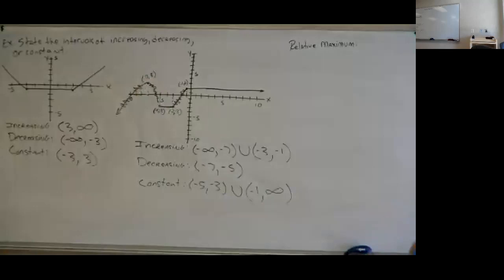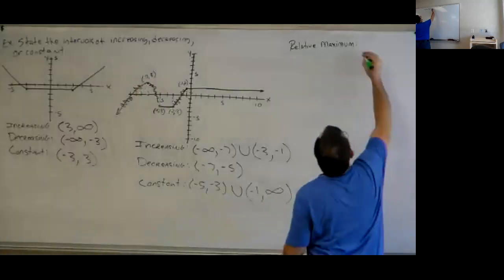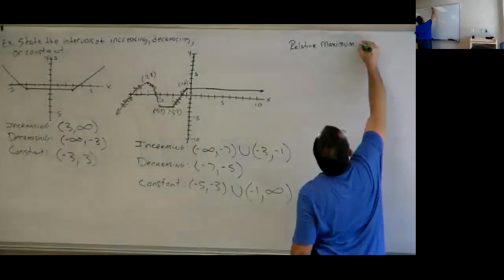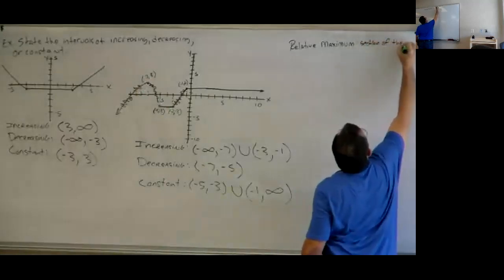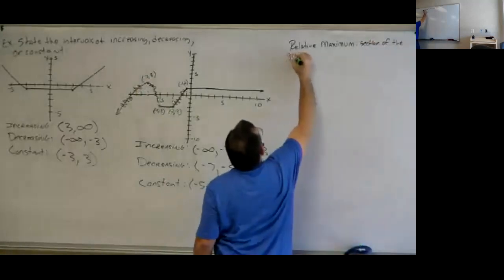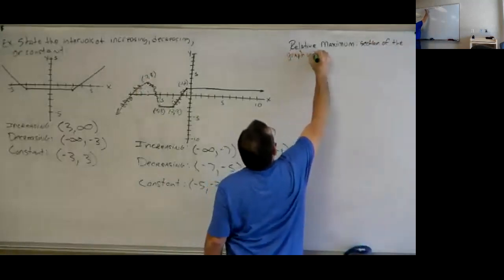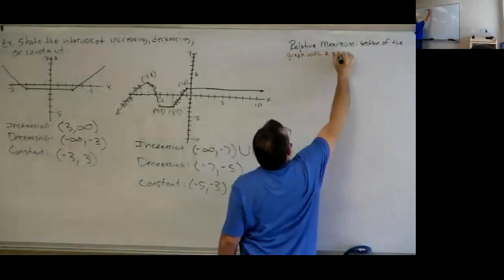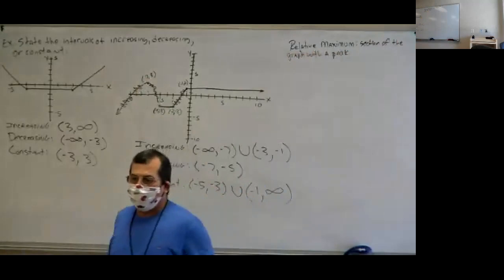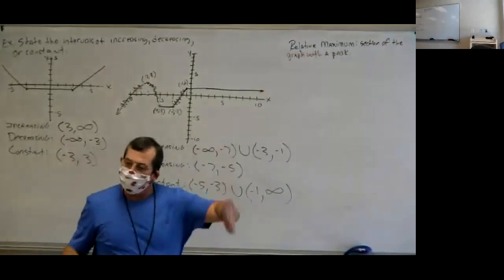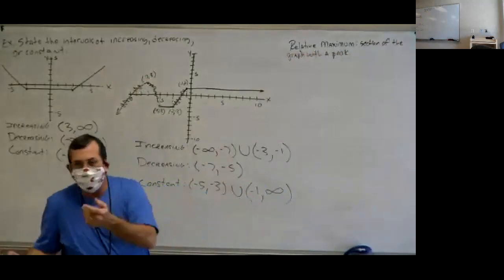Okay? So a relative maximum basically is a section of the graph with a peak. Right? Maximums look like peaks, and minimums I usually call valleys.